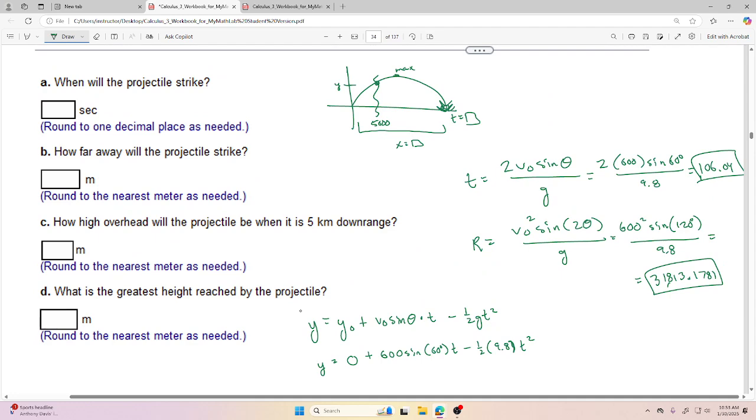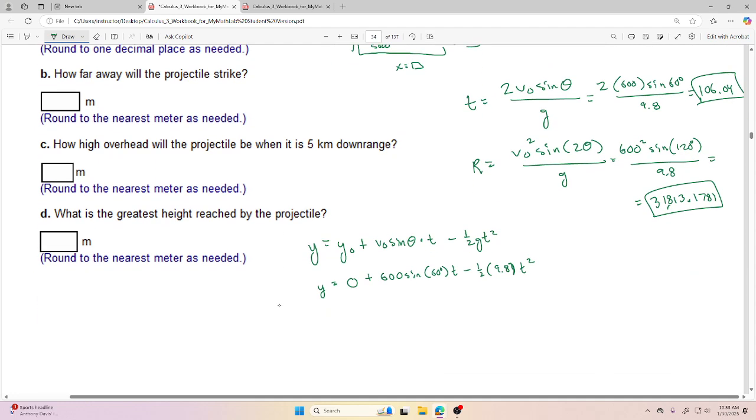It's x, exactly. So hold on for a sec. I got this cool y and it's all ready. That's my answer, but I need a t value. So let's do the x. X naught plus v naught cosine theta times t, and that's all there is for this one. 0 plus 600 cosine, and we already know the theta, 60, times t.